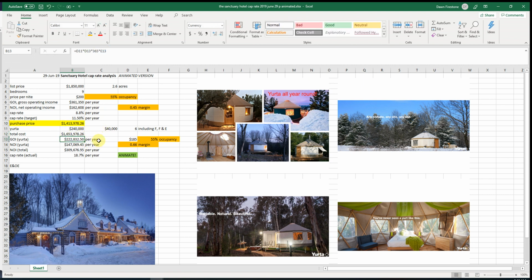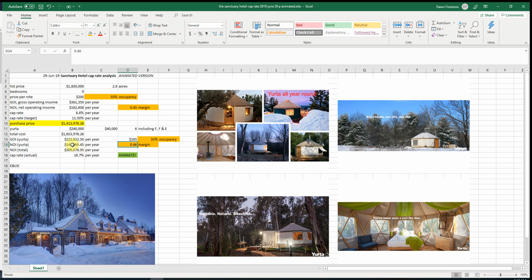All right. Now the gross income of yurts, this is incredible, really. If you charge $185 a night to stay in your glamping yurt, and you have the same occupancy as the existing business, which you would hope you could increase and improve, but you're going to have a better margin, probably more like a residential margin. You're probably going to have a 0.66 margin.